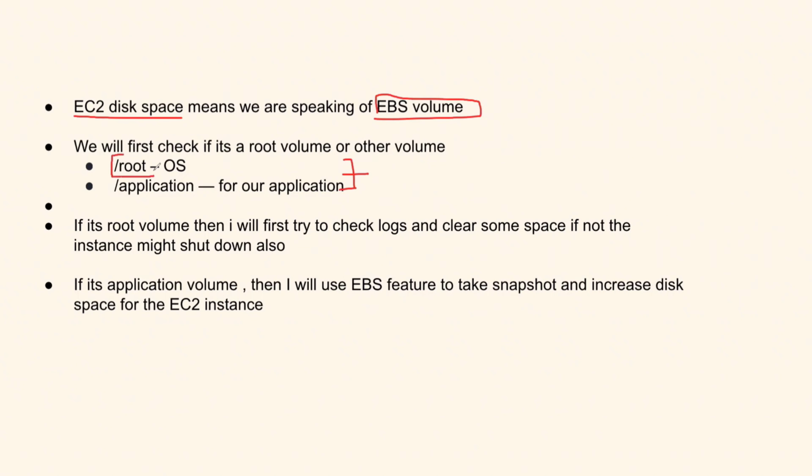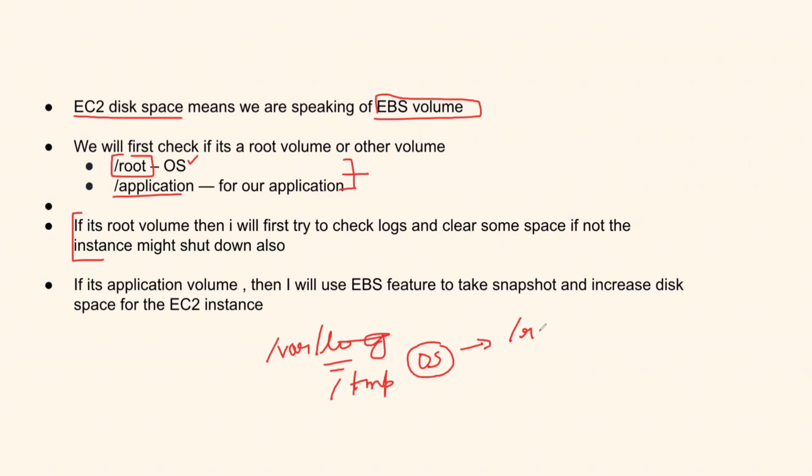You can see here, there might be a root EBS volume, which has operating system related information. We have an application EBS volume, which will have our application related information present. Now, if the issue is with our root EBS volume, then we are going to check some logs in the /var/log location to understand if this is full, or we are going to check temp locations if it is full, and other operating system related information on what is happening, what is filling our root volume.